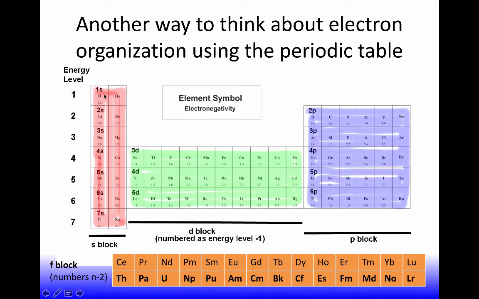So 1s2, and this one's 1s1 because it's got a smaller s orbital, and then it's got a 2s1 because 1 electron is in the 2s. Guess what beryllium is going to be? It's going to be 1s2, 2s2, because it's got 2 electrons in the second s orbital.